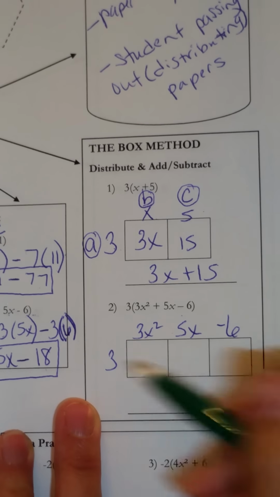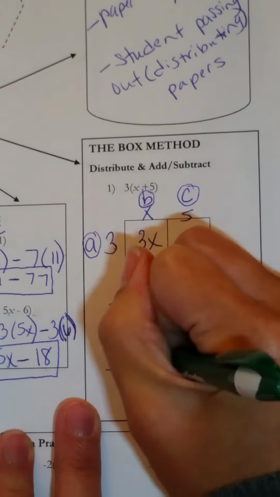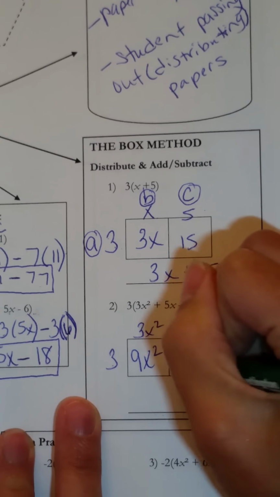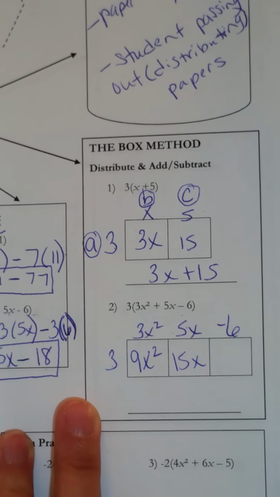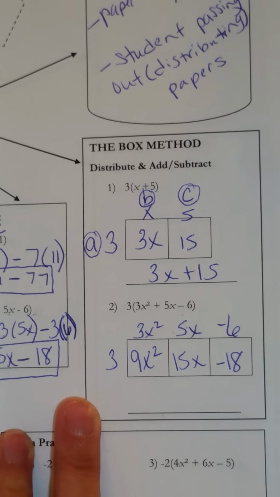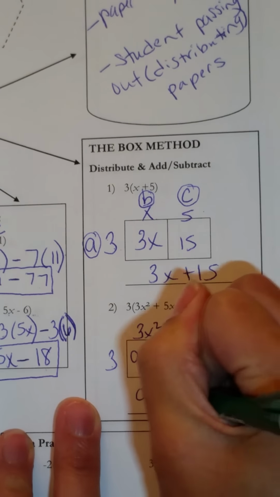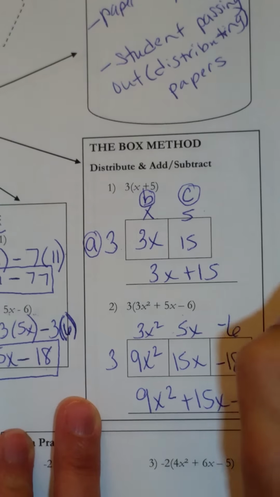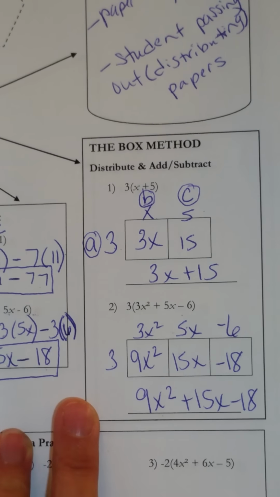So 3 times 3, 9. And then attach your x squared. 3 times 5, 15. Attach x. And then 3 times negative 6, negative 18. So then you get 9x squared plus 15x minus 18.